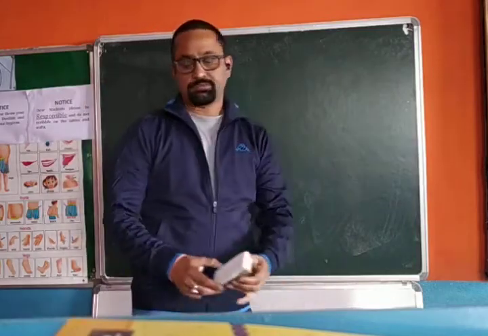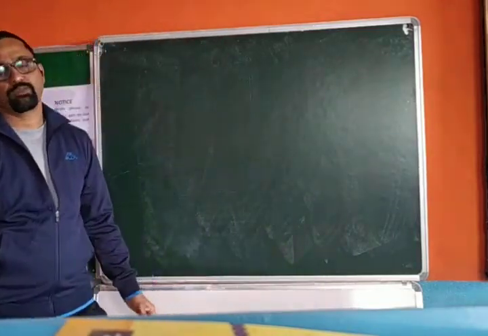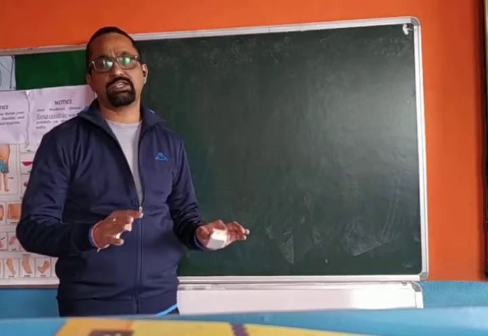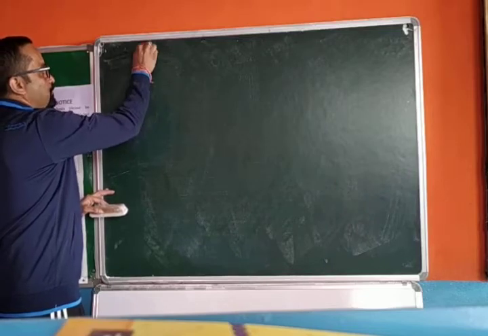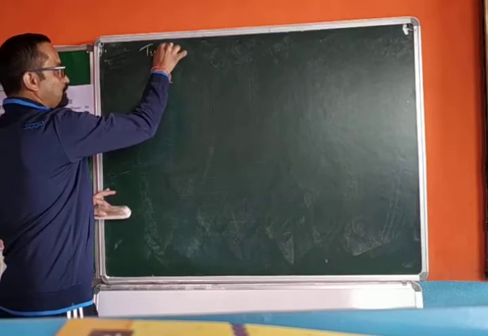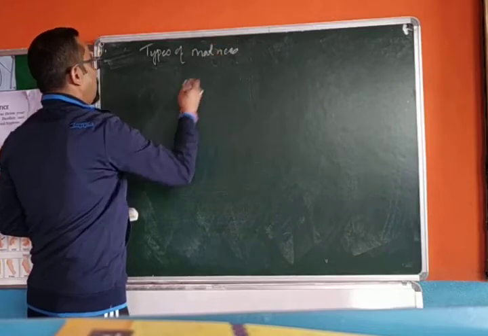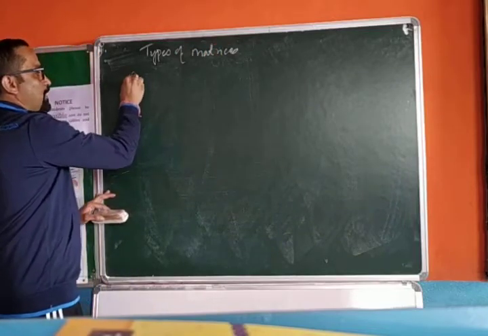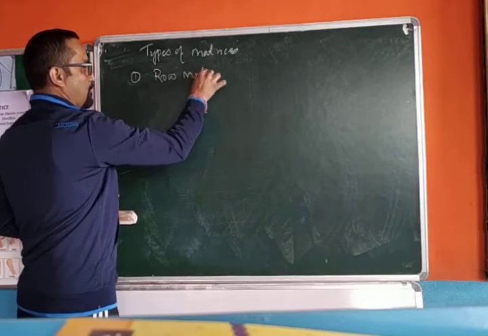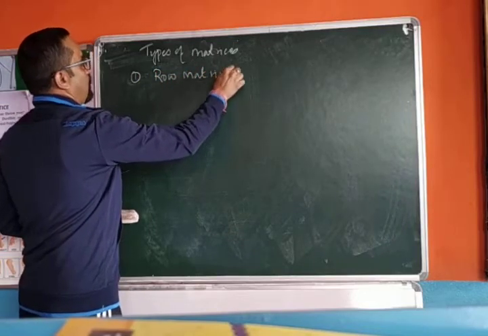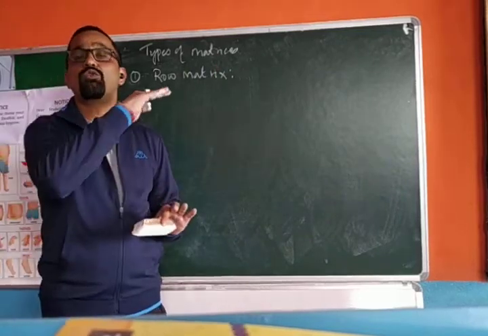Third topic is called different types of matrices. We have several types of matrices. The first one, number 1, is called a row matrix. What is a row matrix? It is a matrix which has only 1 row.